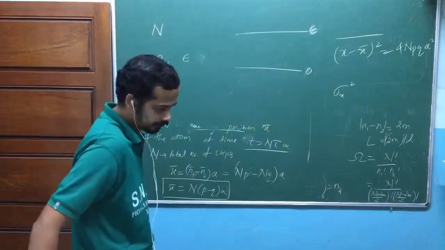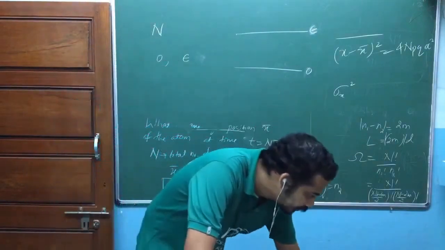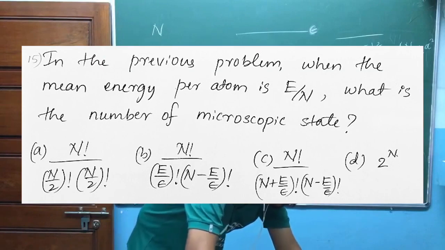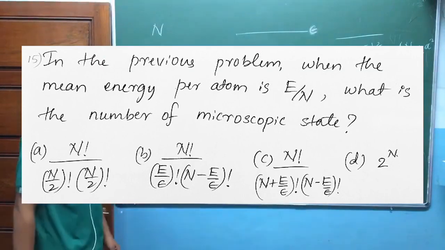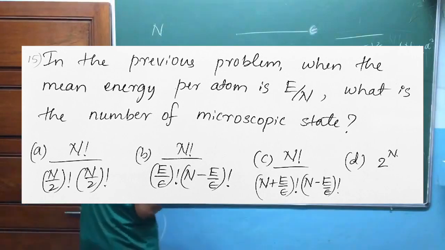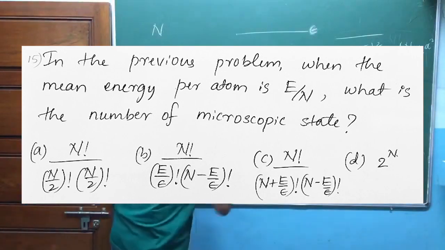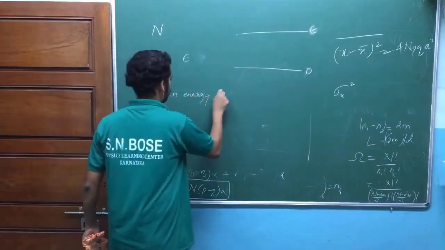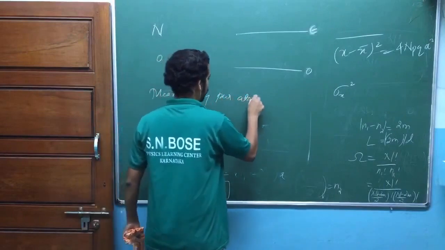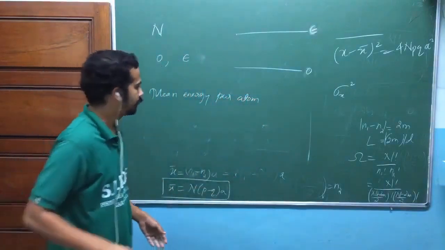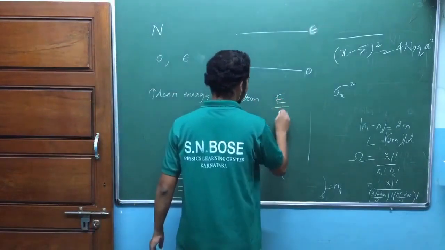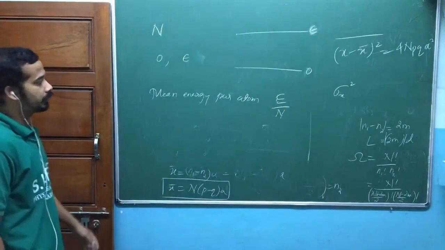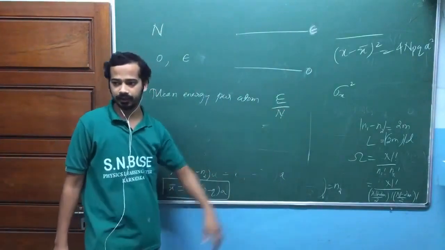Now look at here. The question is, if the mean energy per atom is E by N, capital E by N, what is the number of possible ways of getting this mean energy?